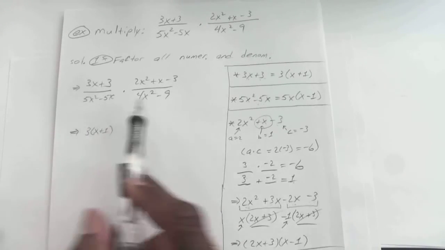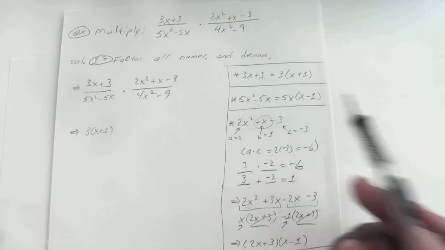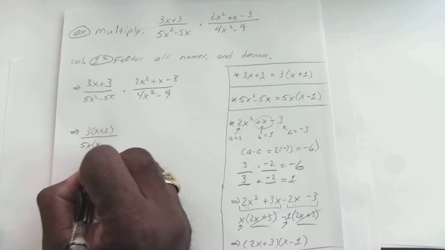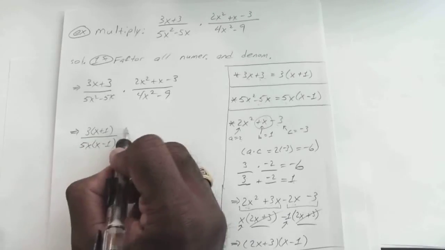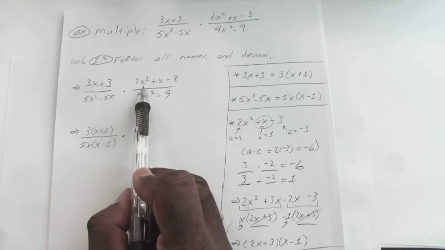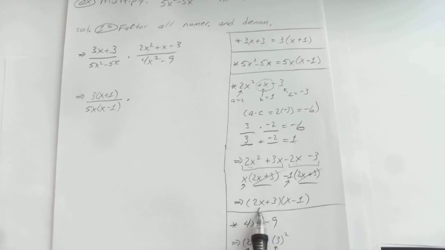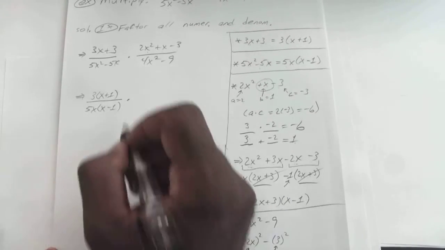Our 5x squared minus 5x is just 5x times x minus 1. Times our 2x squared plus x minus 3, which we knew was 2x plus 3 times x minus 1.